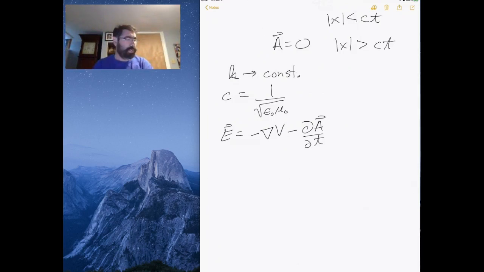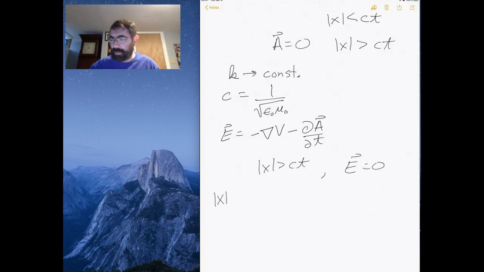Now we can plug that in. What we find is that over the space where the absolute value of x is greater than ct, the electric field is 0.